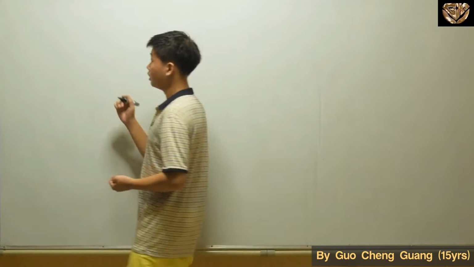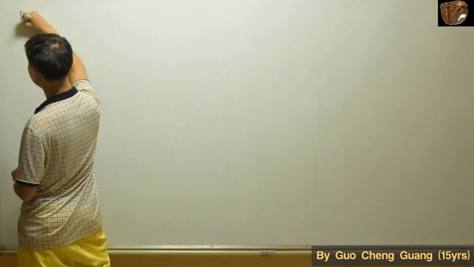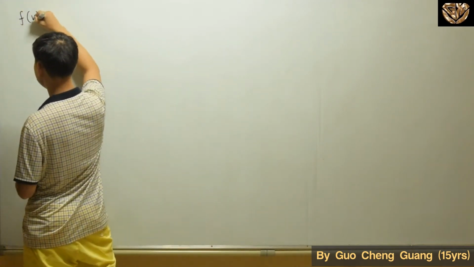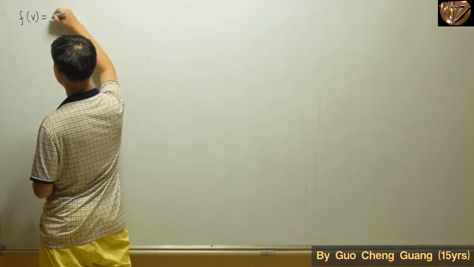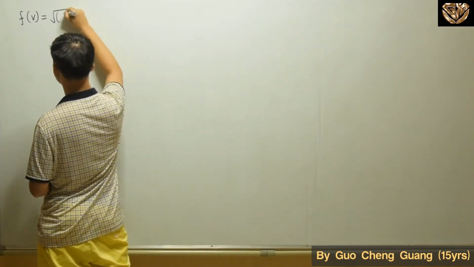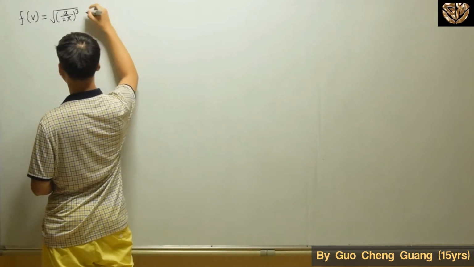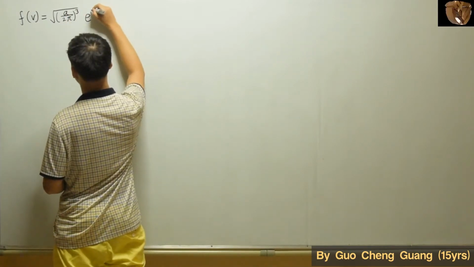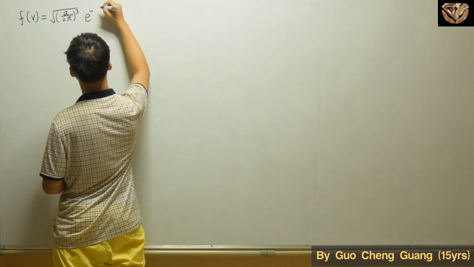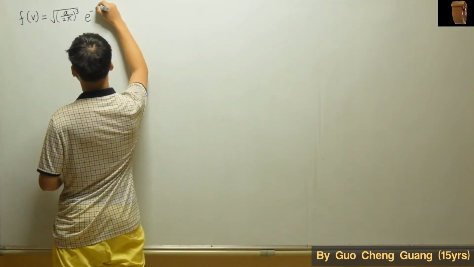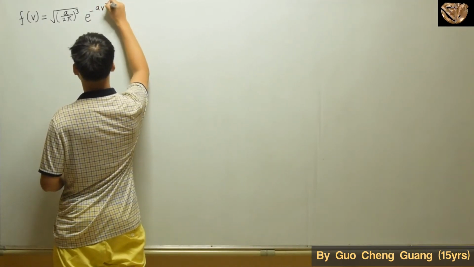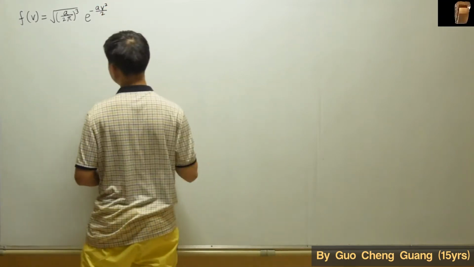So let's recall what we had from the previous lesson, which is Fv is equal to the square root of a over 2 pi cubed, multiplied by e to the power of negative av squared over 2.